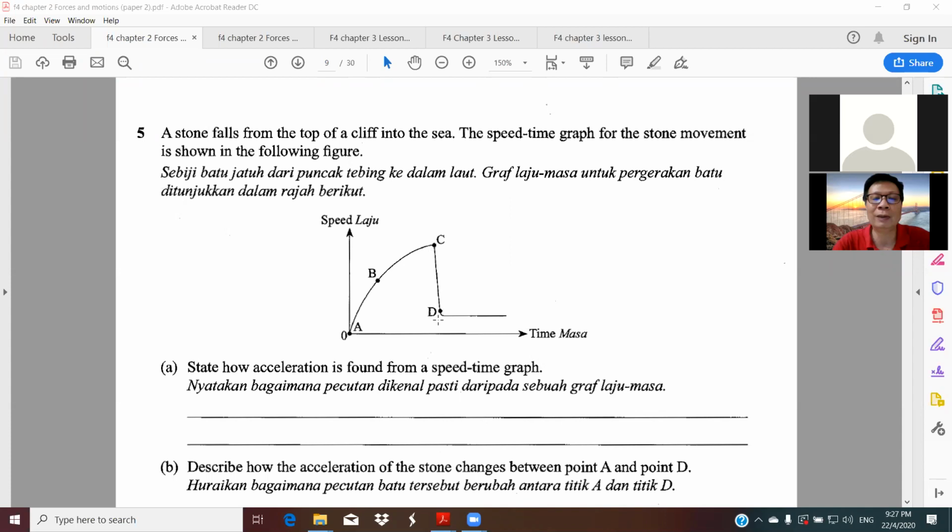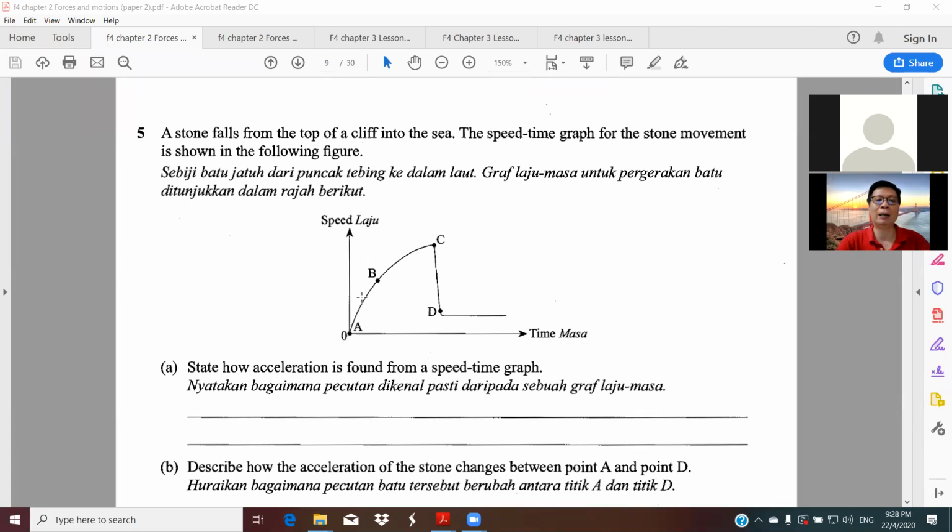Yes, because it went into the water already. So the water gave resistance, so the stone moved slower and slower inside the water, and then finally the speed becomes stable. Okay, so I say it again. Here is the stone falling down from the top of the cliff into the sea.